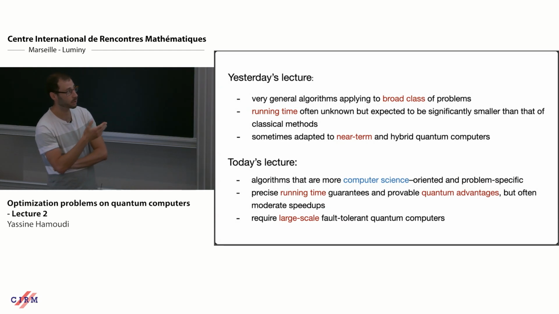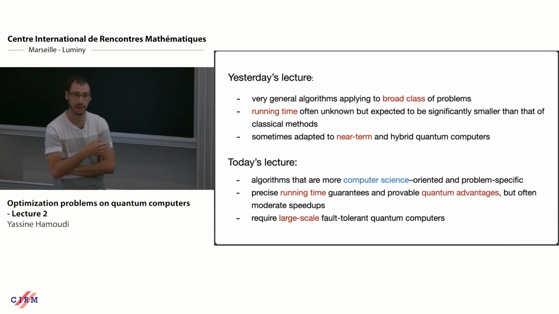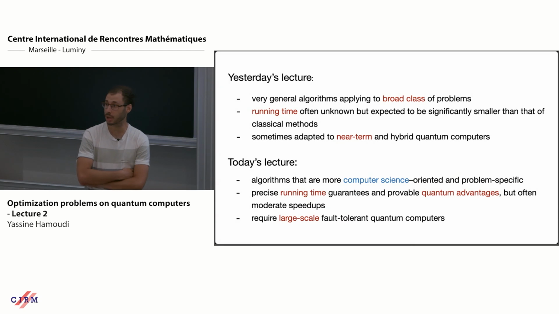So with this respect, this kind of algorithm is more adapted to long-term, large-scale, fault-tolerant quantum computers. This is a kind of algorithm that you may expect to run when you have a good quantum computer with very good quality qubits, etc. So this is really about the long-term picture.